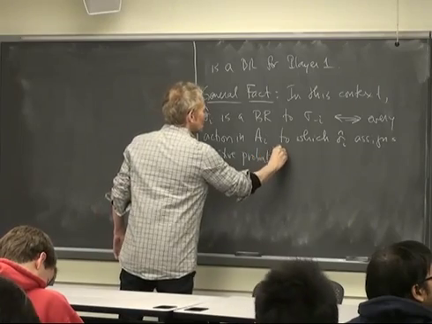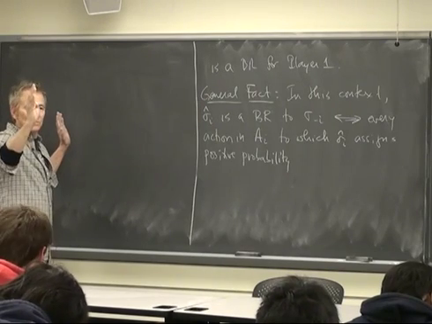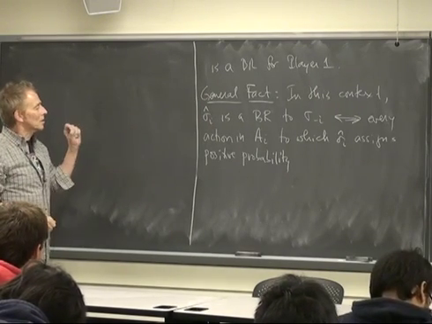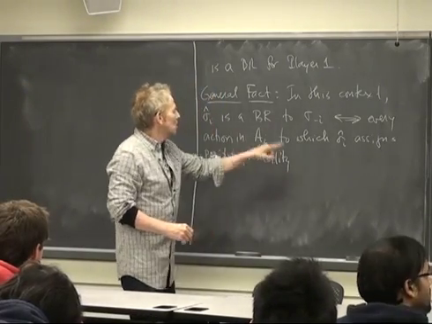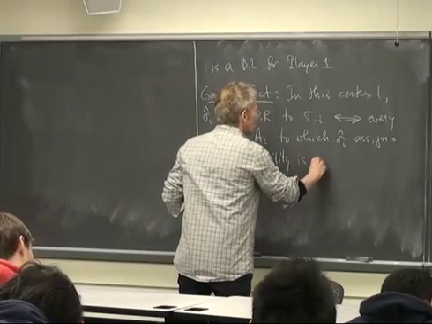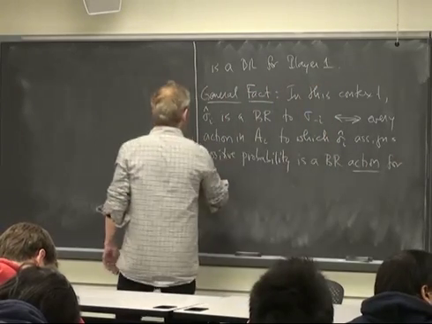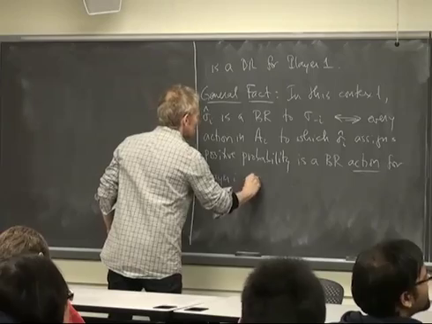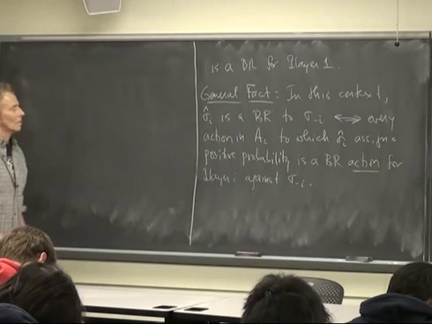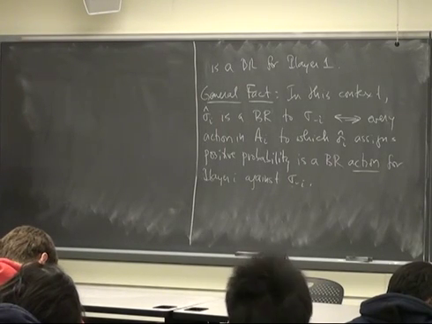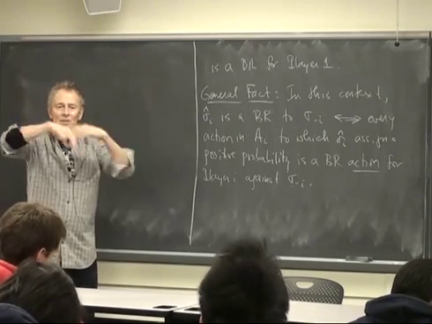Remember, a mixed strategy is a probability distribution over possible actions. It might leave some of them out, or it might include them all. The ones that it does include are the ones to which it assigns positive probability. If and only if every action to which sigma I hat assigns positive probability is a best reply action for player I against the opposition sigma sub minus I. So the best replies are just the mixtures of all the best reply actions.